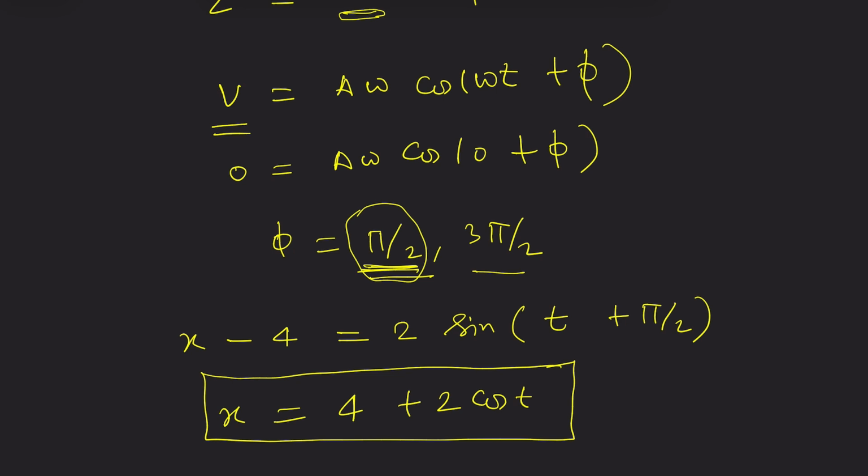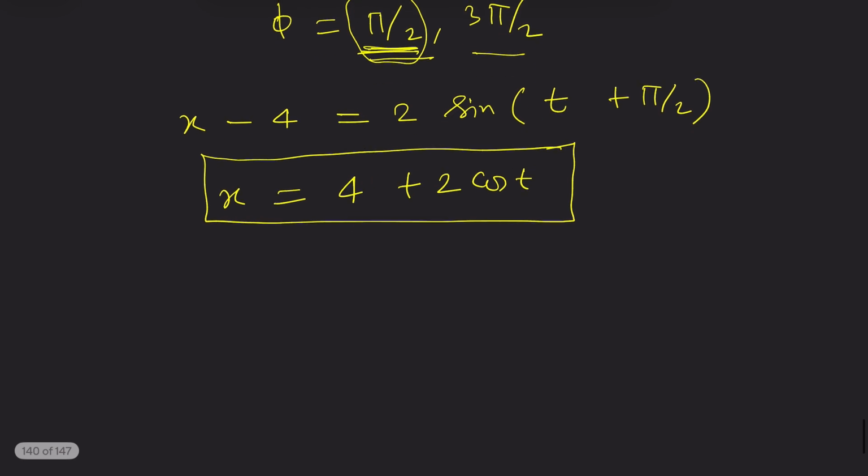And if it is at the negative extreme and coming back towards the mean position, we will take 3 pi by 2 as the phase. So these things you have to keep in mind. If you remember all these four cases, you will save a lot of time while solving questions. Later I will formally describe all those things after learning the phasor.